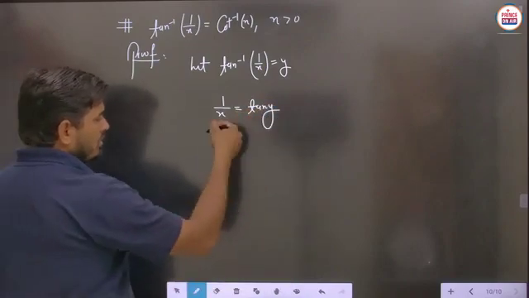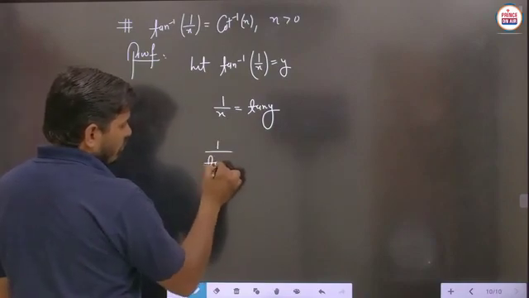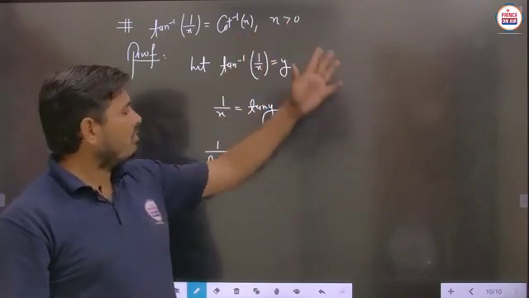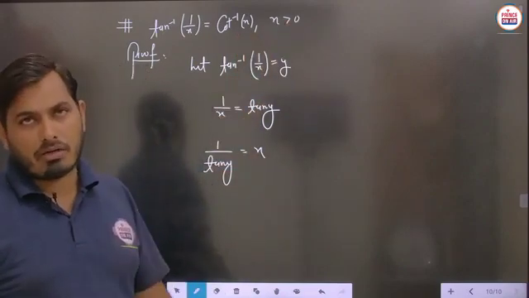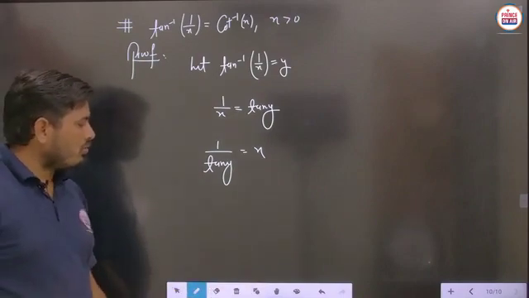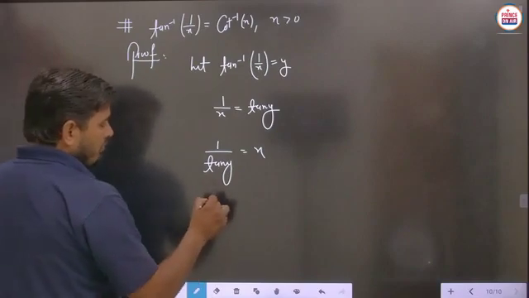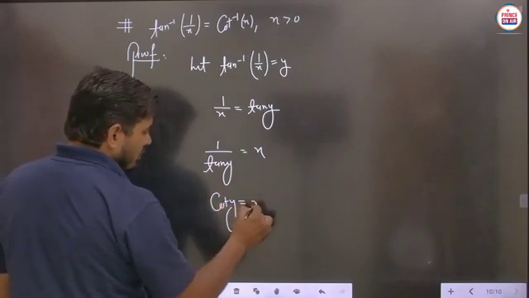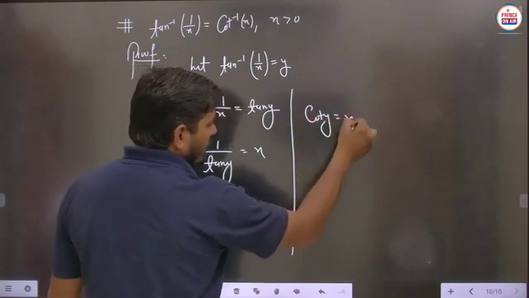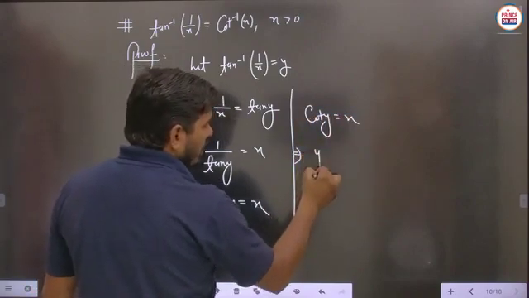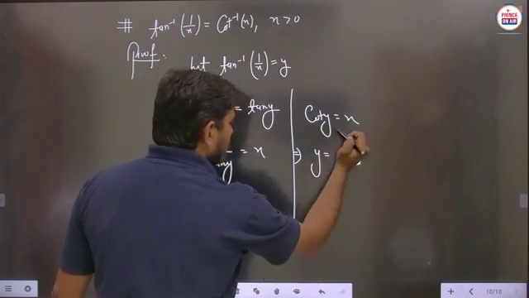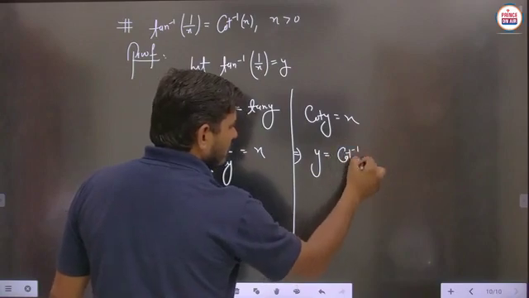Now you can do the cross multiplication, then 1 upon tan y will become equal to x, and here for x greater than 0, definitely you can say that in the first quadrant the values are included and 0 is not included. So definitely 1 upon tan y will become cot y, and this will be equal to x. Now cot y equals x implies that y equals cot inverse x. Is it clear?